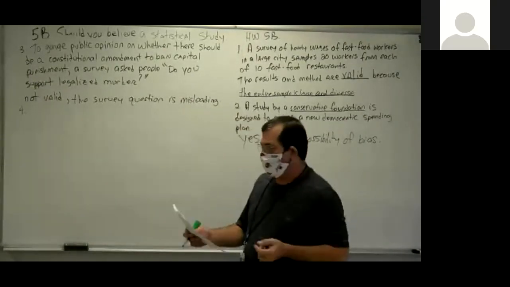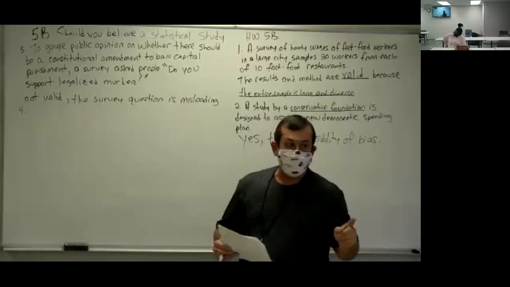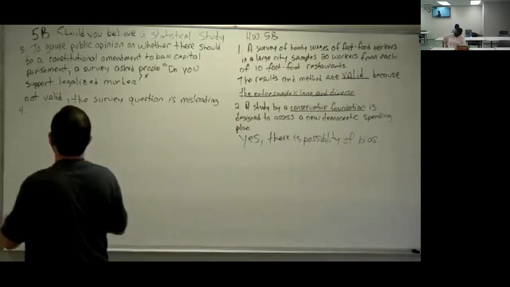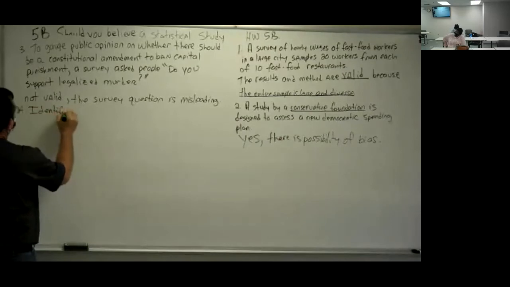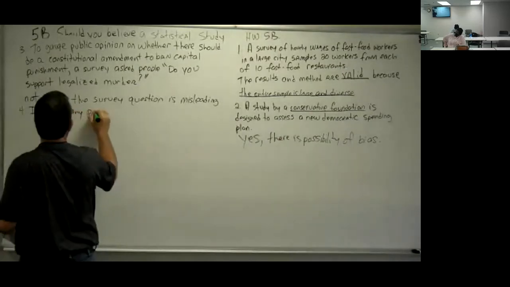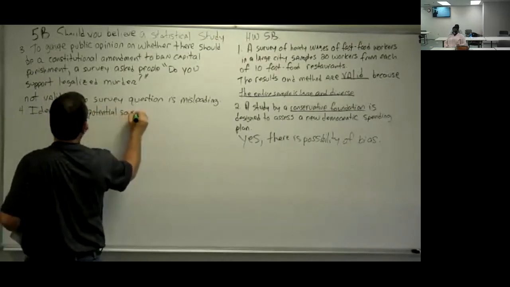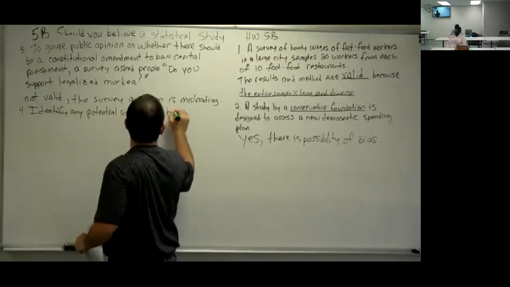All right, number 4 for me. Identify any possible sources of bias. So we're going to identify any possible or potential sources of bias.